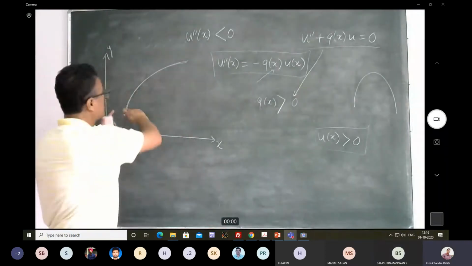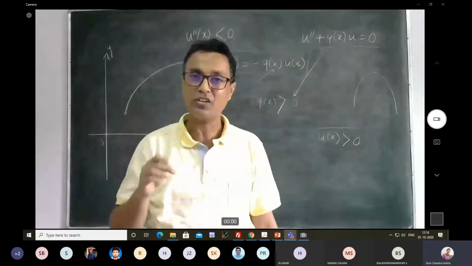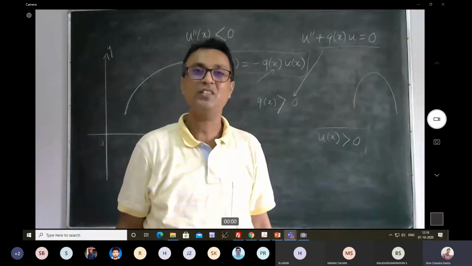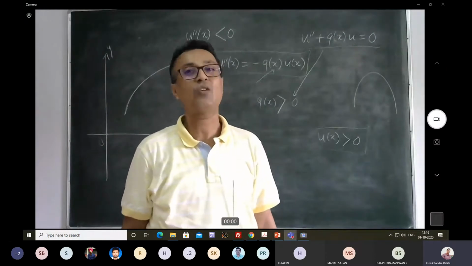The way I have drawn the graph here, the function u(x) is monotonically increasing, right? And the curve is concave downwards.